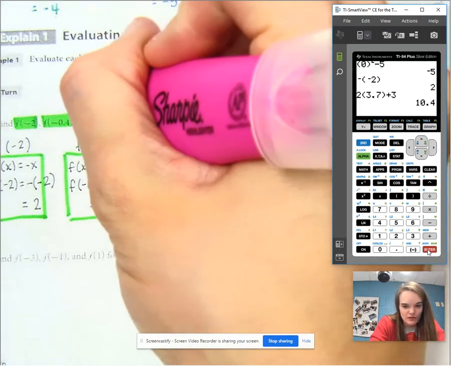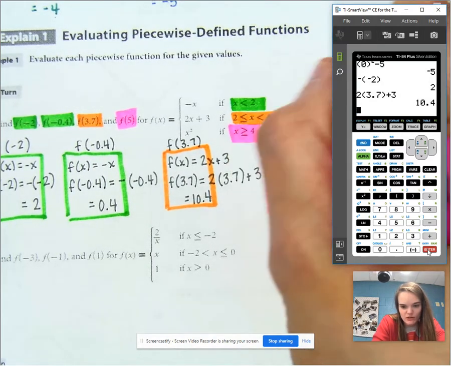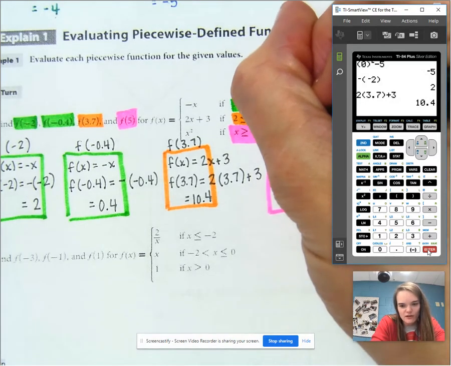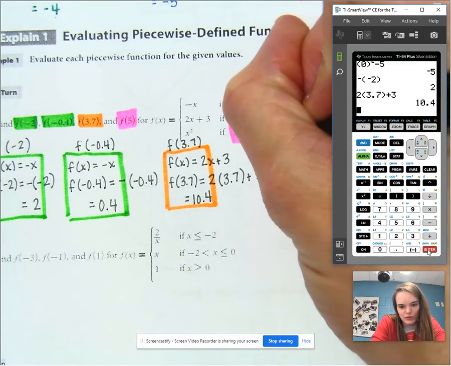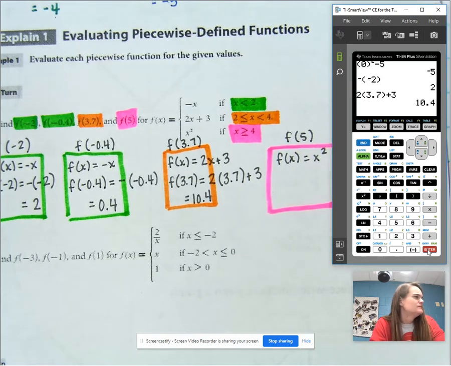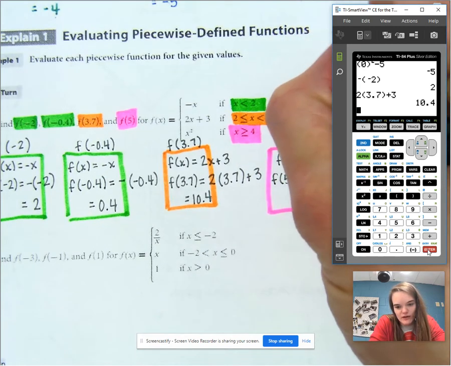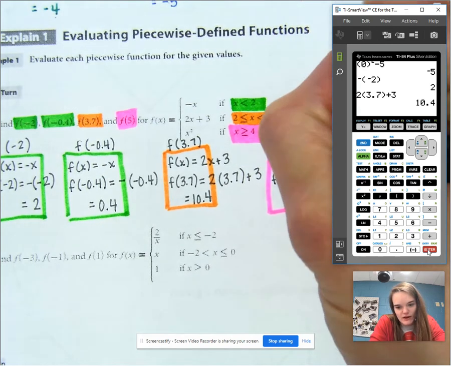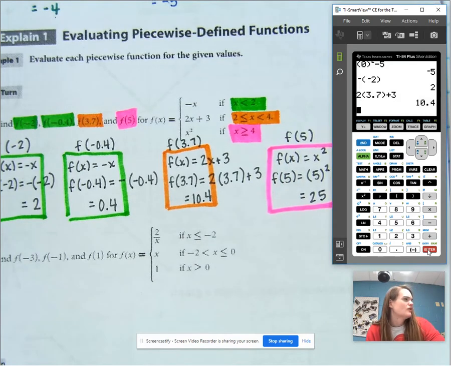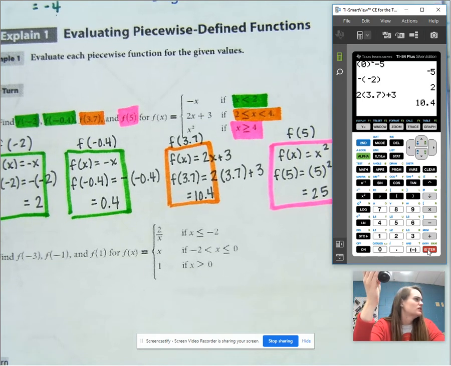Yes. So we will be using the pink function. So for f of 5, we will use f of x equals x squared. So f of 5 equals 5 squared. 5 squared is 25. So there are our 4 evaluations for the piecewise function.